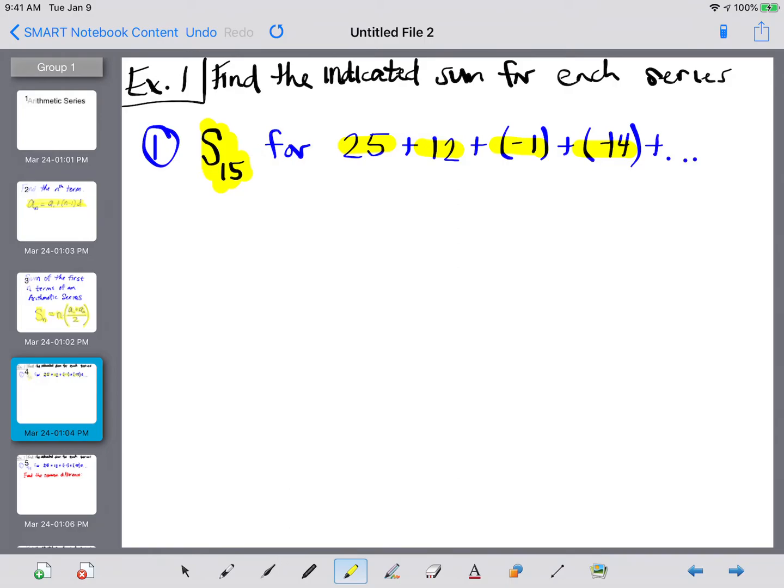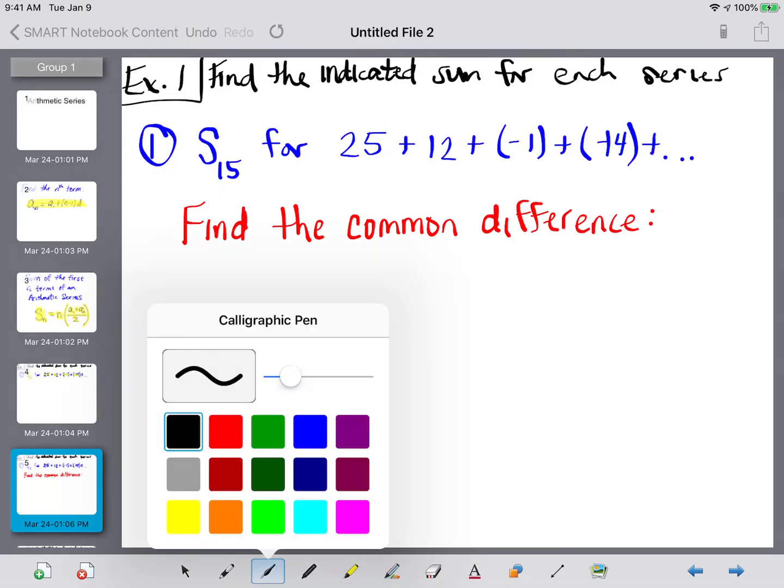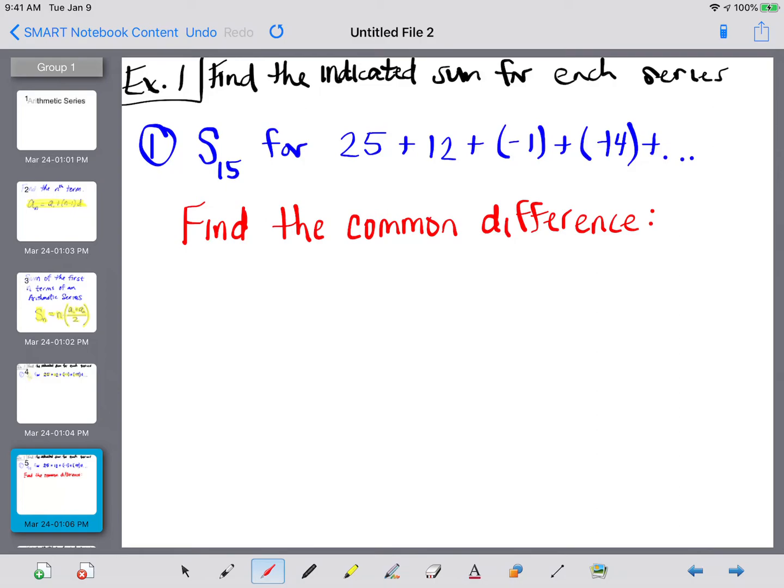The very first thing we need to do is find the common difference. And the common difference, in order to find it, we need to take the second term of the sequence and subtract the first term of the sequence. 12 minus 25 would give me a negative 13.